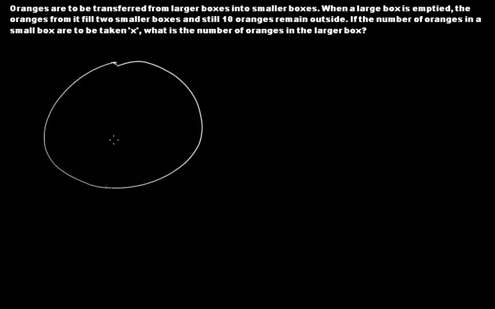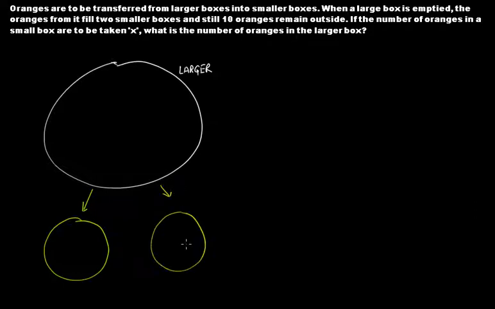So if I empty this larger box into 2 smaller boxes, if this is smaller box 1 and this is smaller box 2, the oranges from this larger box completely fill these smaller boxes, but still you have 10 oranges left that cannot be emptied into these smaller boxes.